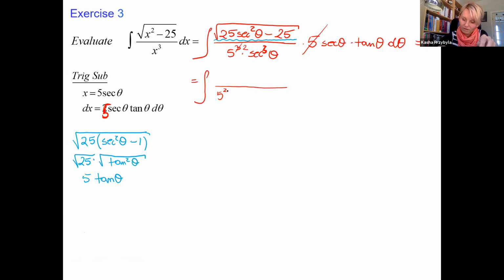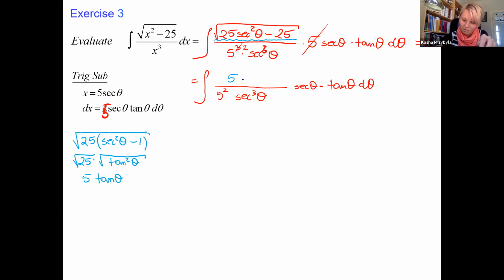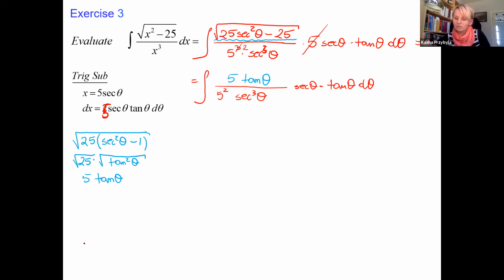This will be 5 squared secant cubed. Okay, and then my numerator is 5 tangent theta. What can I simplify? I can simplify this and this.